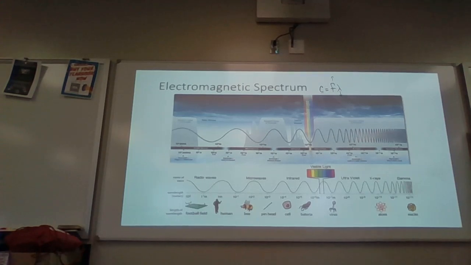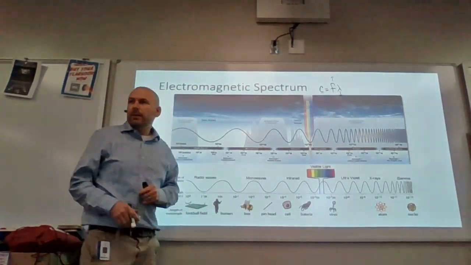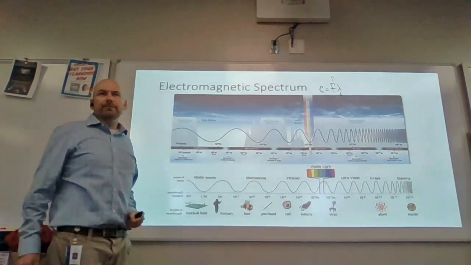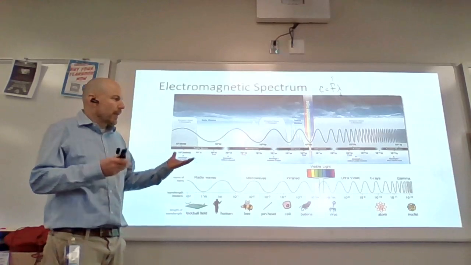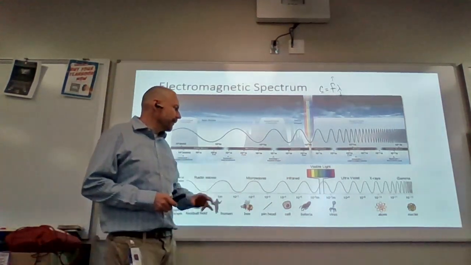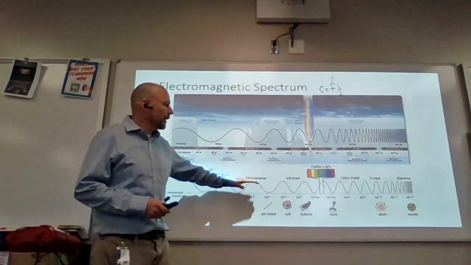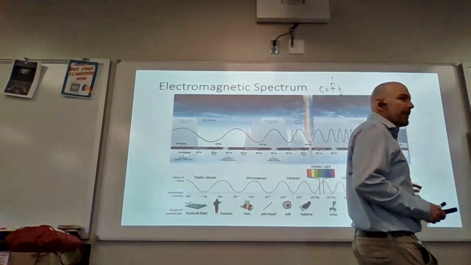So we have categorized these into 7 different buckets, which kind of labeled them. The boundaries between the two are a little fuzzy, but you have radio waves, microwaves, infrared, visible light, ultraviolet, X-rays, and gamma rays.